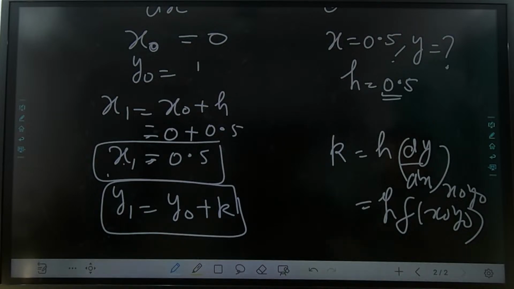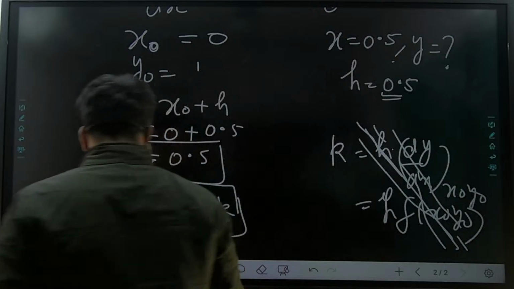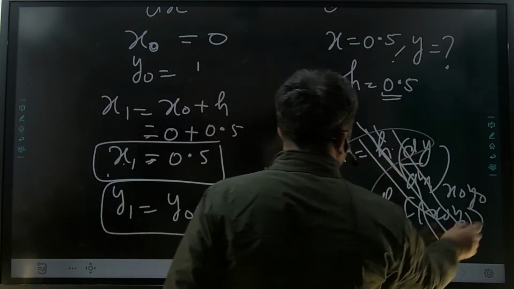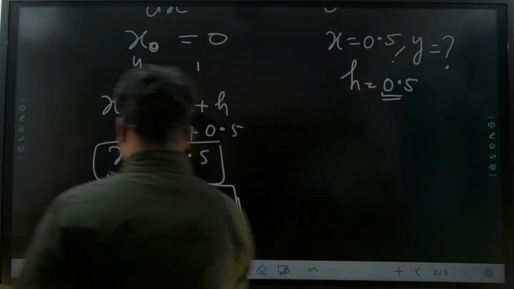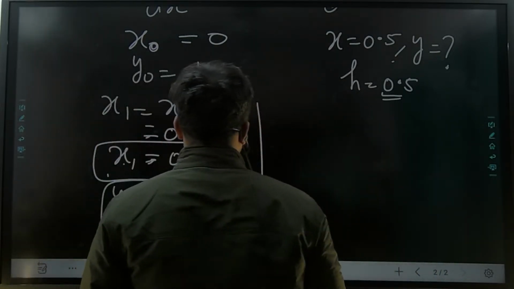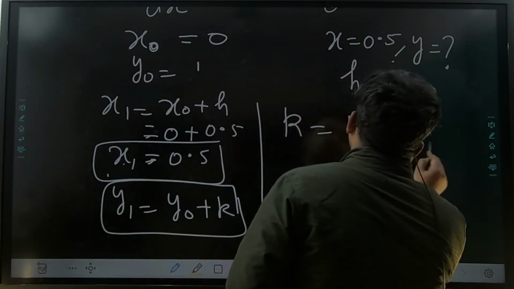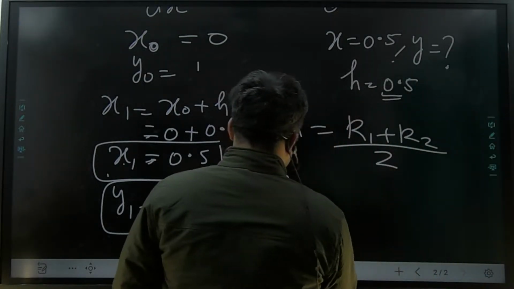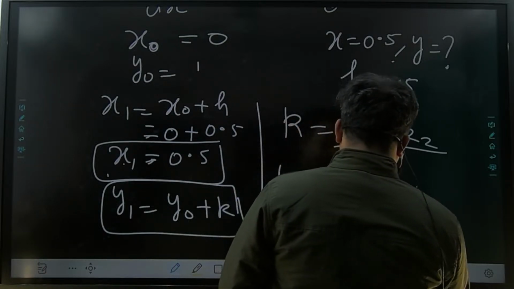But it is said Runge-Kutta second order, so this we cannot apply. So we have to see the Runge-Kutta method. The RK second order method says get the value of k by (k1 plus k2) divided by 2. Now k1 is what? k1 is basically the step size h multiplied with the function value at x naught and y naught.